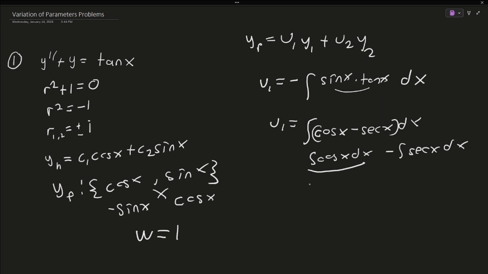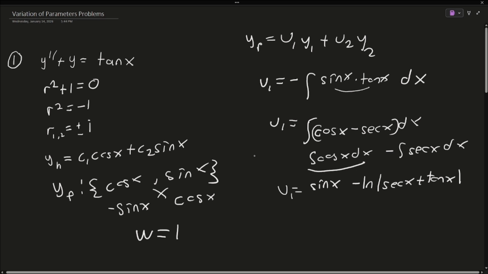Over here we're going to have sine x, and over here we're going to have negative ln of secant x plus tangent x. And this is our u1. I'm just going to leave that right now, and we're going to multiply that soon with cosine x, which is our y1, to find the first part of the particular solution.